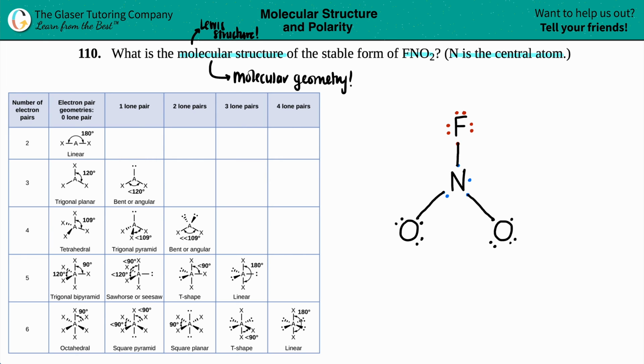Okay. Now let's check the outer elements to see if they have the octet. Fluorine is good. 2, 4, 6, 8. It's got the octet, so I can't touch this single bond. Now this oxygen, 2, 4, 6, 7.